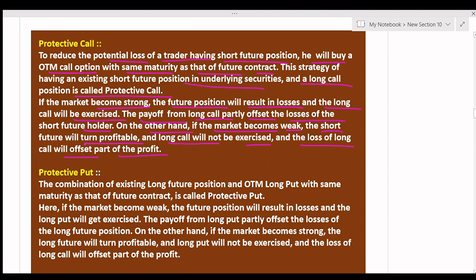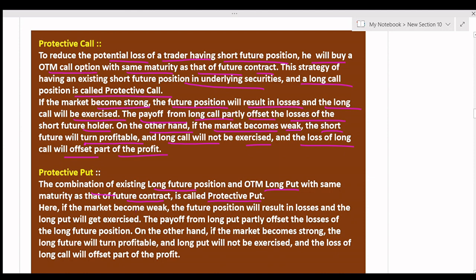Come to protective put. It is the combination of an existing long future position and a long put option. In the covered put strategy, there is a short future position with a short put option. Here, in protective put, a long future position with a long put option with the same maturity as that of the future contract is called protective put.